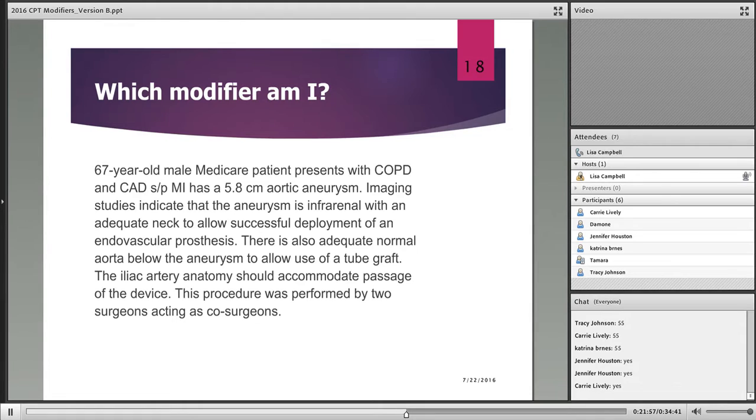The iliac anatomy should accommodate passage of the device. The procedure was performed by two surgeons that were acting as co-surgeons. So yes, that would be 62. And each surgeon would report the same code, and both of them would use a 62.